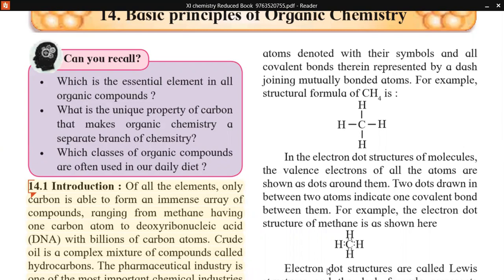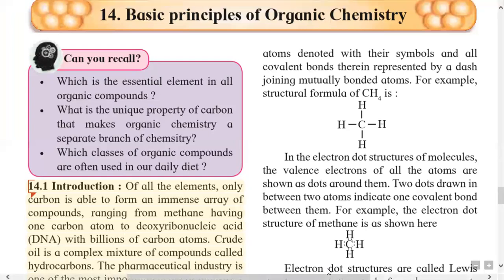Again, the answer: carbohydrates, proteins, fats, enzymes, and vitamins are used in our daily diet. That is the answer for question number 3.